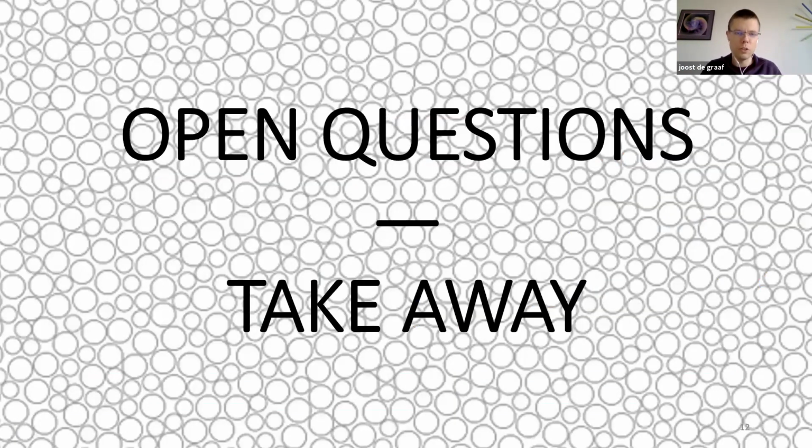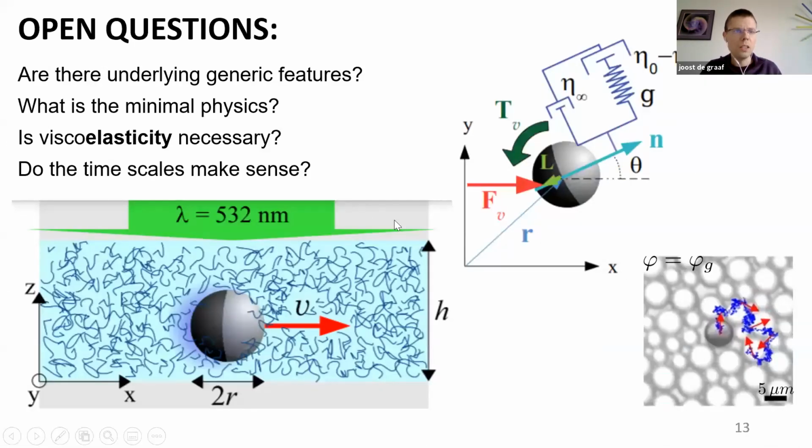So this is the picture that we were faced with, and we were wondering several things when we saw all of this. Are there underlying generic features? Well, viscoelasticity certainly suggests that, but what is the minimal model to capture this physics? And then these 2 questions hint at: is viscoelasticity necessary? And then there's a final question that I would like to ask, but we'll have to see if there's enough time: do the timescales make sense?